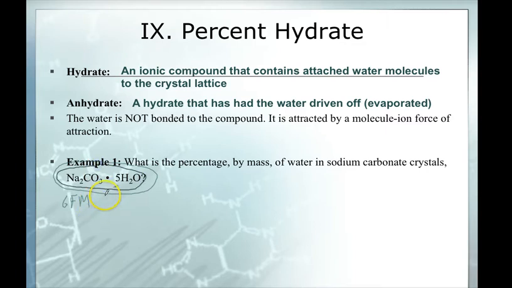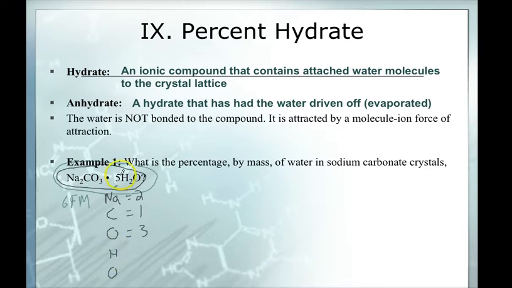So we'll do it quickly. I have sodium, carbon, and oxygens. I have 2 sodiums. I have a carbon and 3 oxygens. And we're going to do the water separately. I have the H in the water and the O in the water.